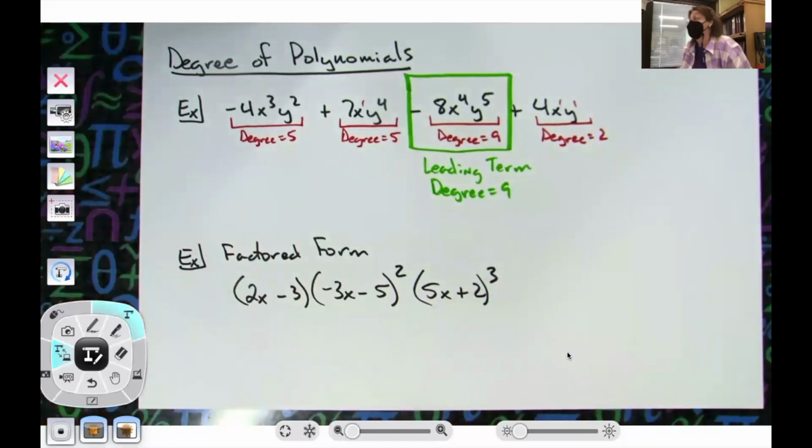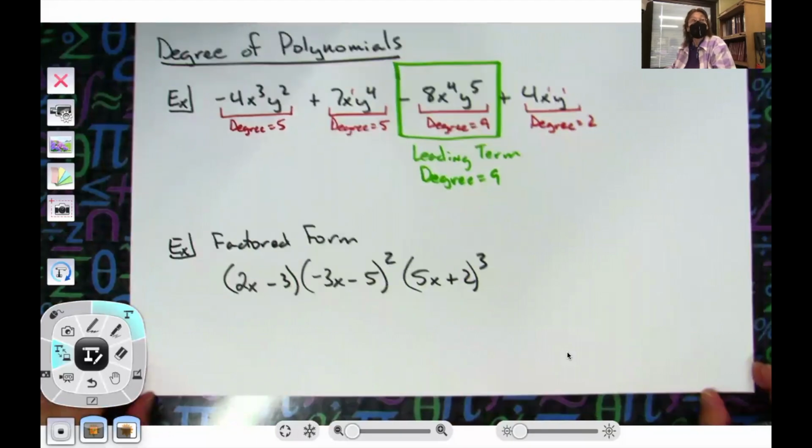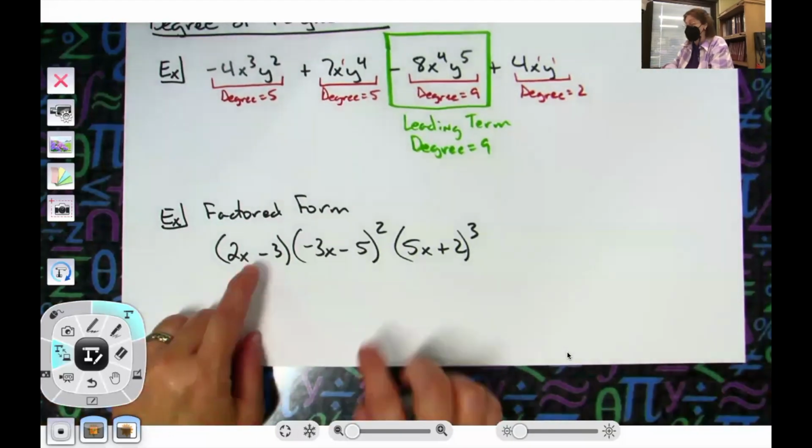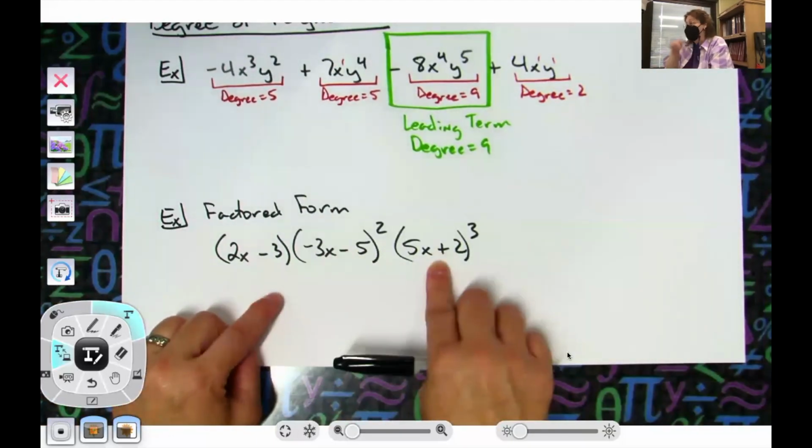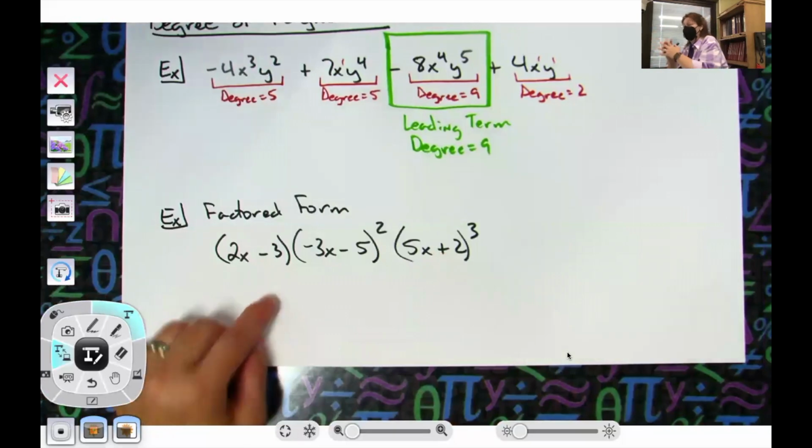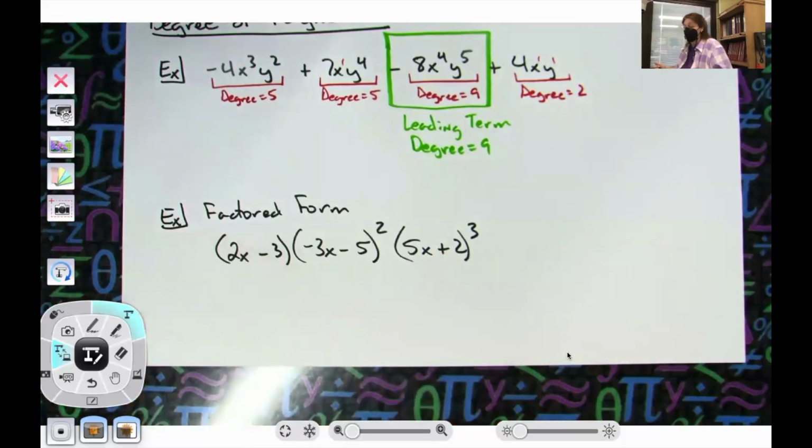All right, that's in factored form. If I multiply that all out, which I would not want to do, I could write 2 of these, I could write 3 of these, I could do repeated distributive property, it would get a really, really long polynomial curve here.